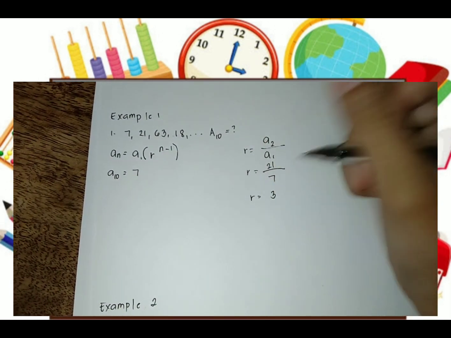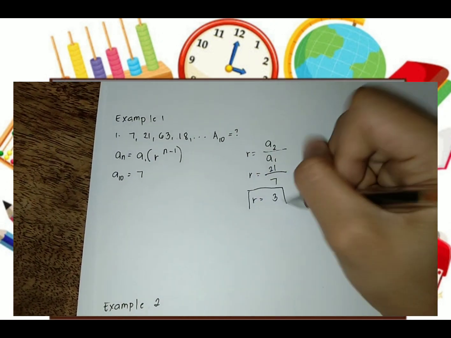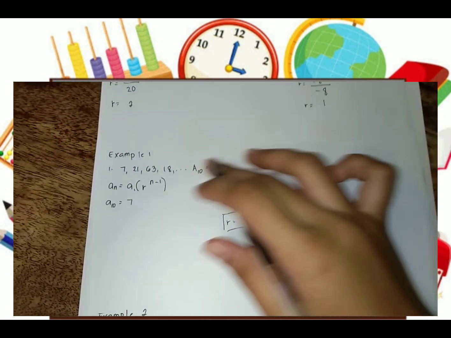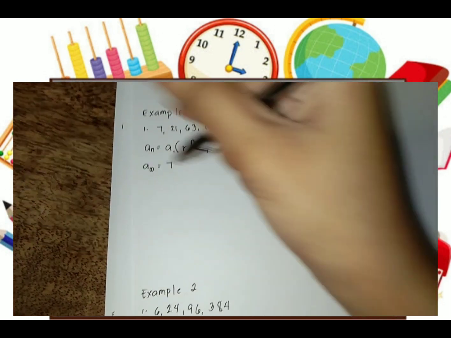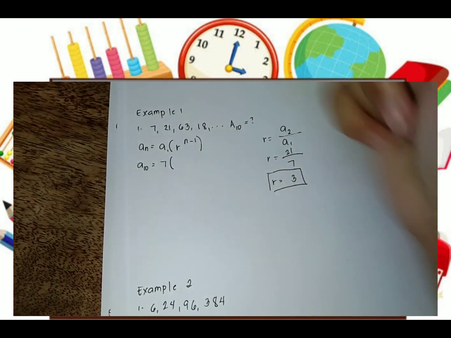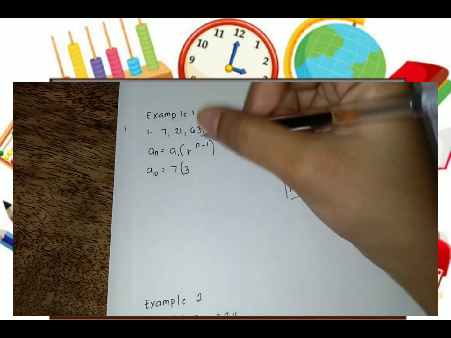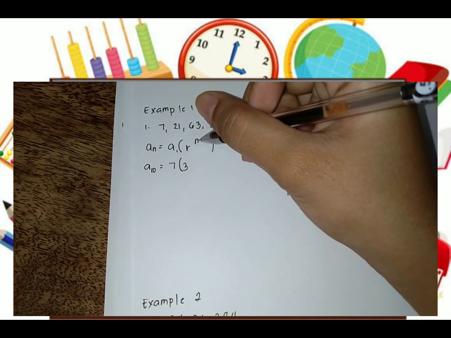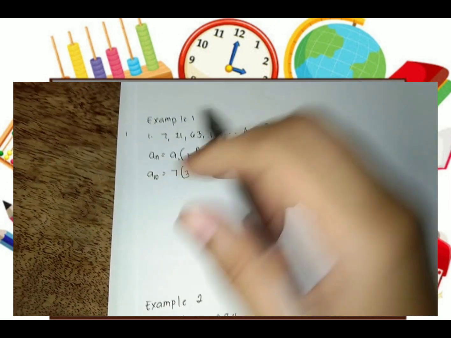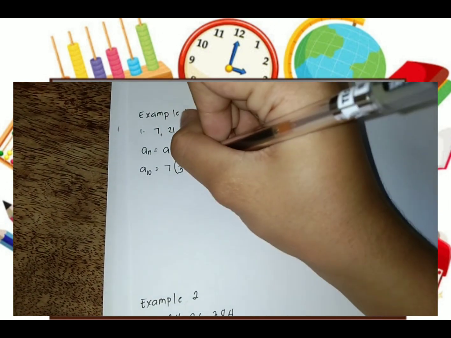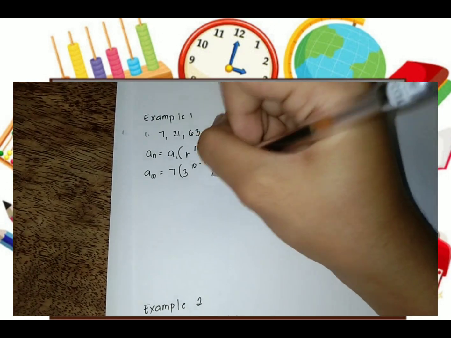So 3 is our ratio in this given geometric sequence. We will write here the 3 because it is the ratio, raised to what is our n? 10. We write here 10 minus 1.